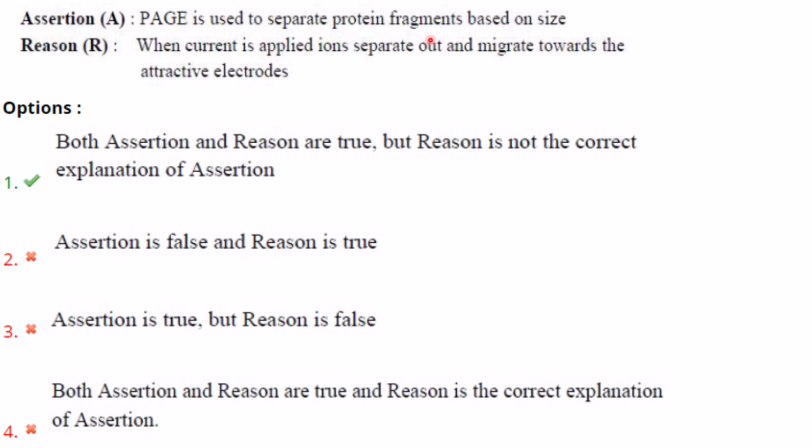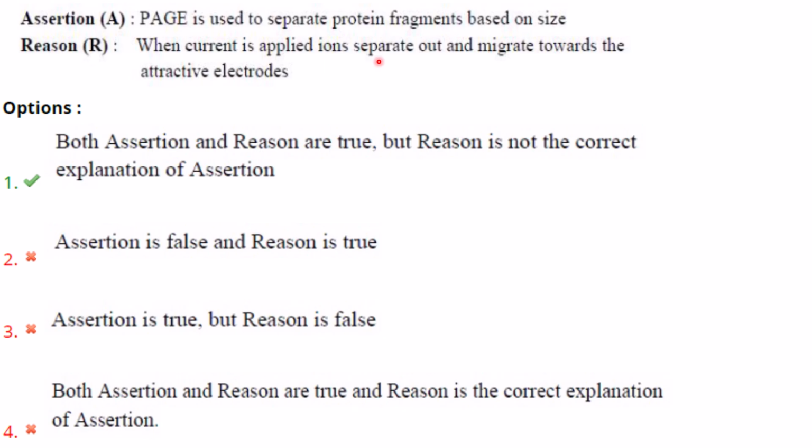Proteins with smaller size migrate faster in the gel, whereas larger proteins move more slowly. Based on the difference in size, you get different bands in a PAGE gel. So what is the reason they have given?